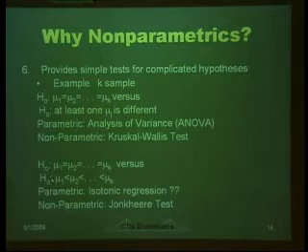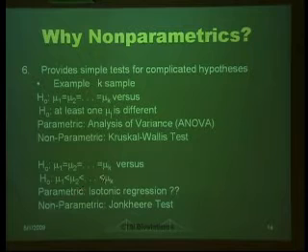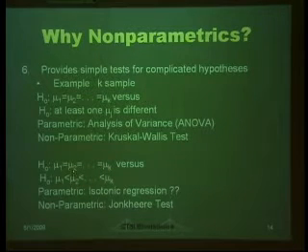But on the other hand, if our alternative hypothesis is that the means are ordered in some way, that population 1 has a smaller response than population 2, than population 3, you could think of these as being different doses of drugs, and as you get a higher dose, maybe you get a higher response. There's really no good way of testing this with normal theory data. There is a way, called isotonic regression, and sometimes you see it in a PhD program, but not always.